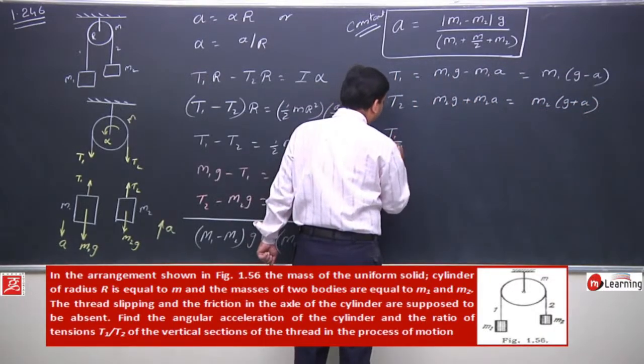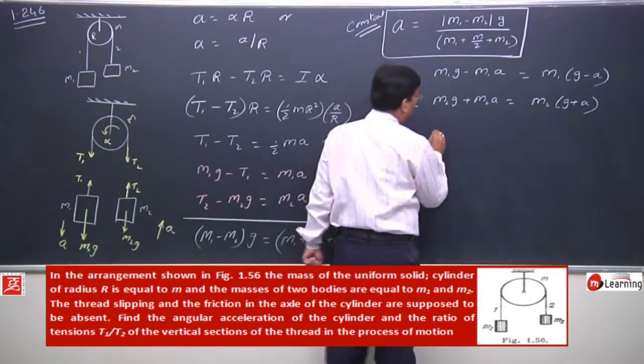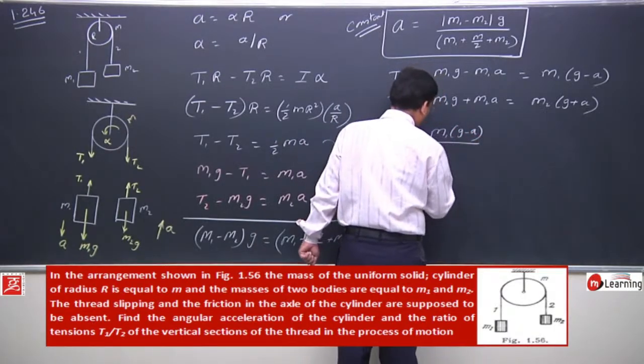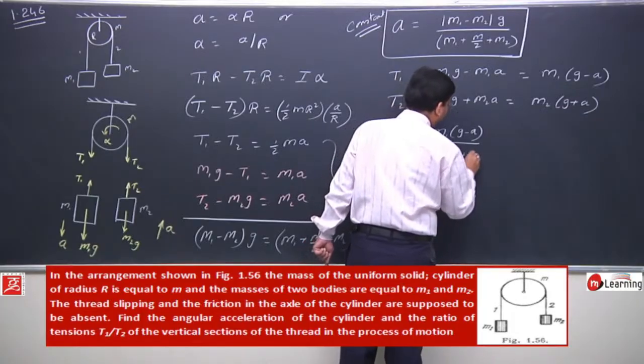Tension T1 upon T2 would be m1 into (g minus a) upon m2 into (g plus a).